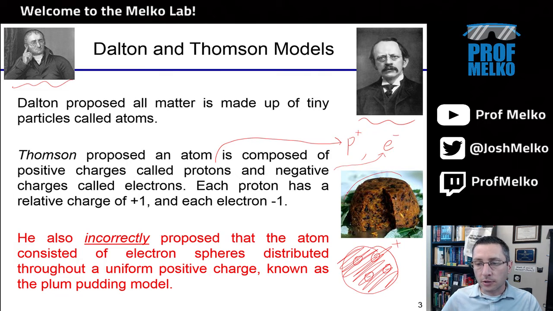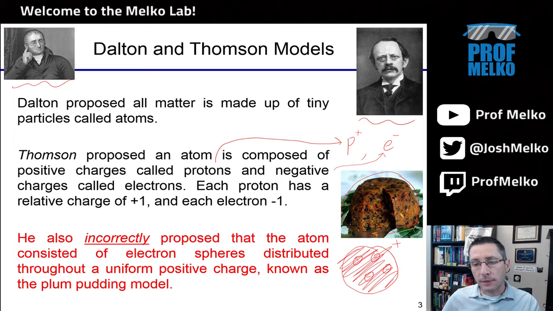That's why it's called the plum pudding model, this cake where you have this uniform, consistent, in this analogy, positive charge with these little plums throughout, where the plums would be these local pockets of negative charge. So that was the working model at the beginning.